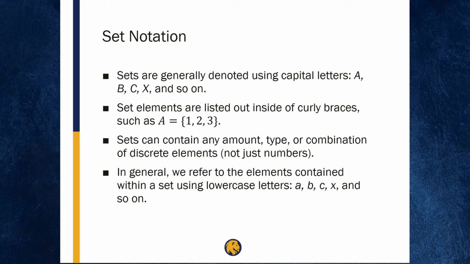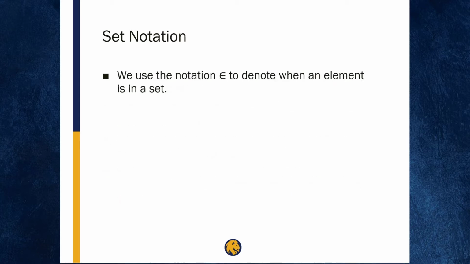In general, we refer to elements contained within a set using lowercase letters such as lowercase a, b, c, x, and so on. These can be like variables to stand in for any element contained within a set, which again generally will be using the capital letters to stand for the set. We're going to use this notation, which looks something like an E, to denote when an element is part of a set.